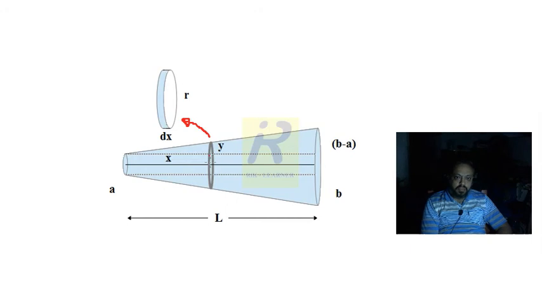I magnified the same ring in this picture, whose width, from here to here, is dx, and the radius from here to here is r.